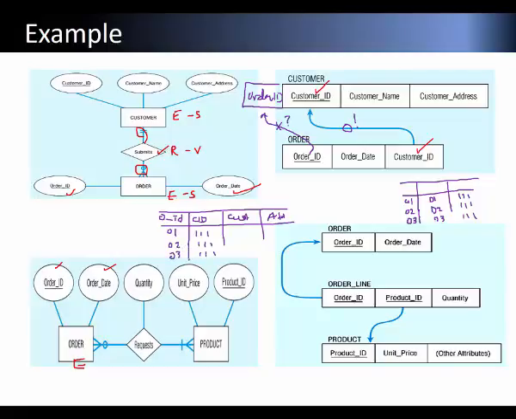What happens? Because of that order, every time I create a new order, the customer name is created, the address is created. If one customer places an order 100 times, then the very same values appear 100 times, which is redundant. Redundancy is one of the big problems in relational databases, right?